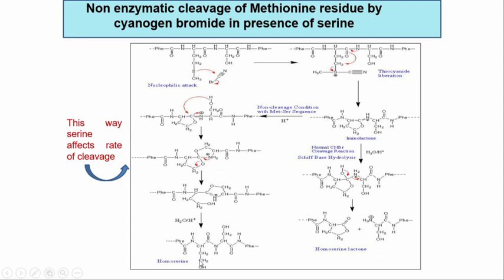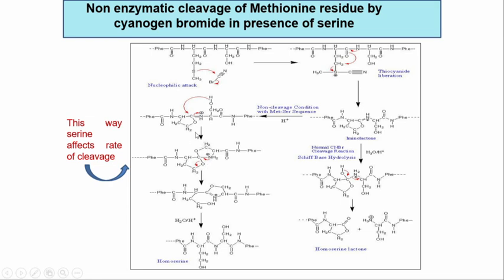So, that means you are not breaking the peptide bond here. Although it has reacted with cyanogen bromide, the ultimate effect is that your methionine is converted into a homoserine. That is the end product of it.